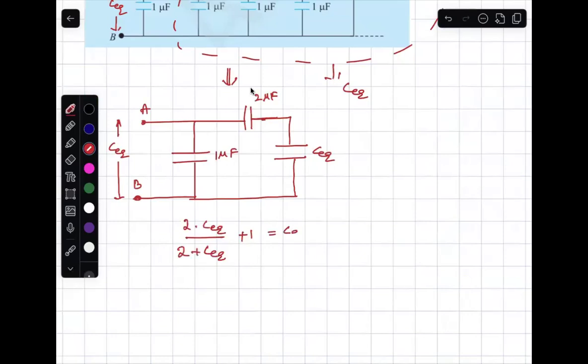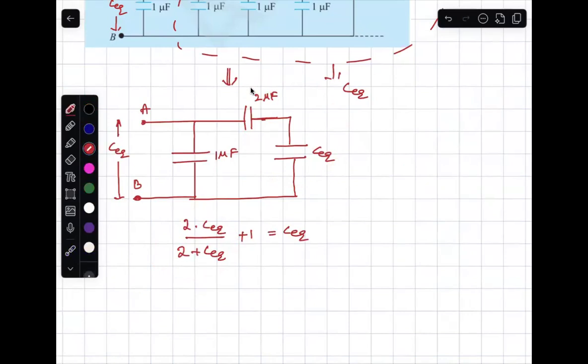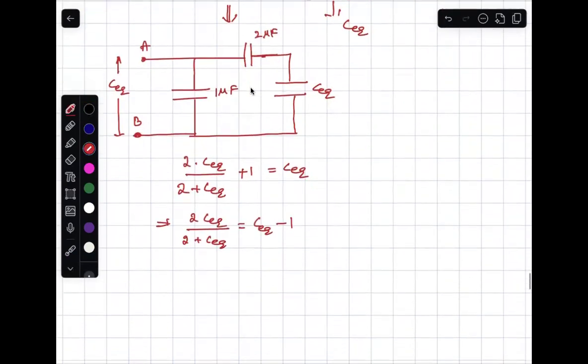And this is again C equivalent. Have you followed this step? This is the series combination, and this is the value of series equivalent plus this one, 1 microfarad. Now, what is going to happen from here? So, this will become 2 times C equivalent by 2 plus C equivalent is equal to C equivalent minus 1.